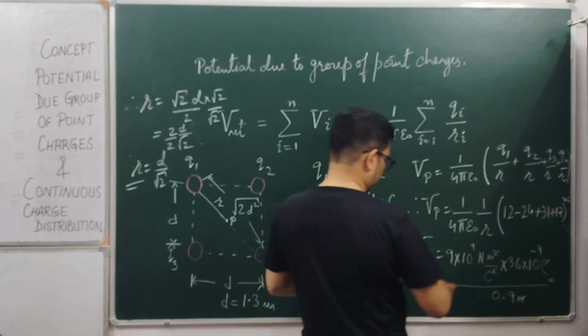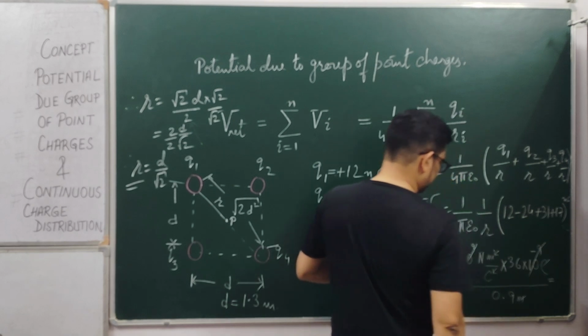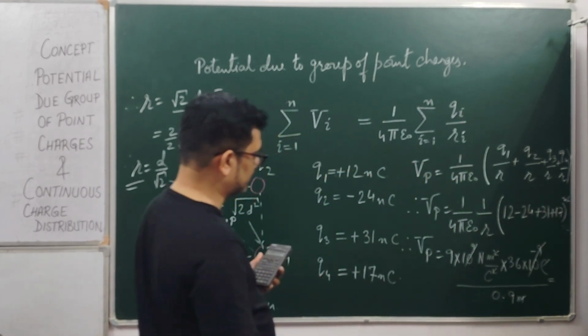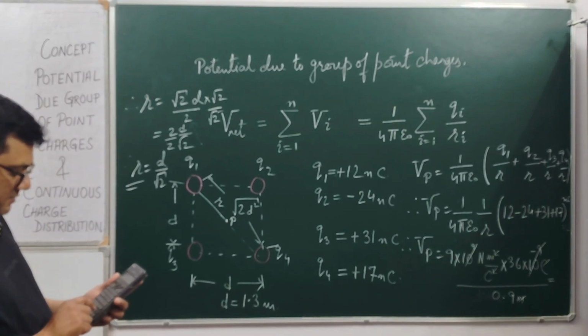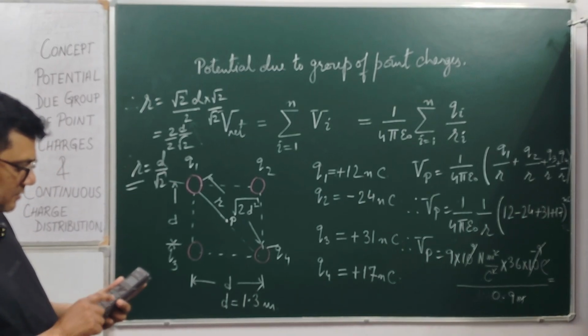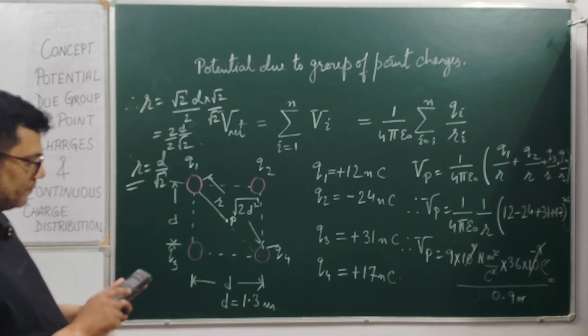If you calculate this, 10 raised to the power minus 9 and 10 raised to the power 9 get cancelled, and 36 times 9 comes out to be 324.